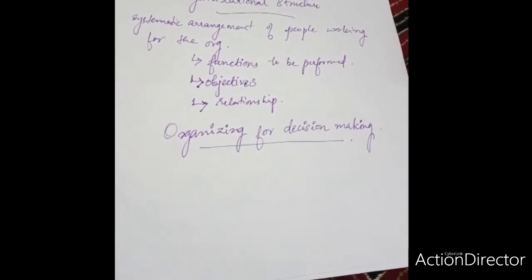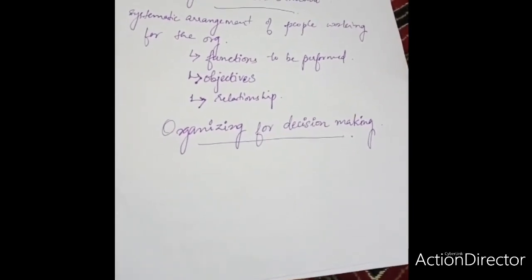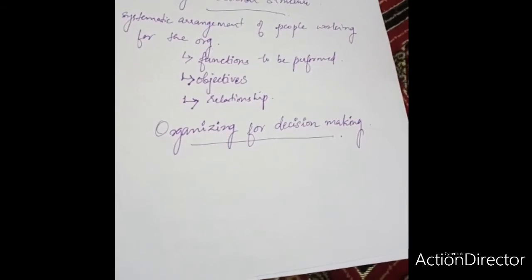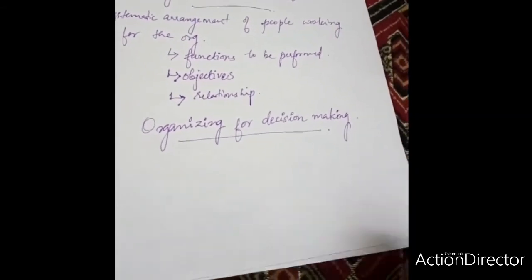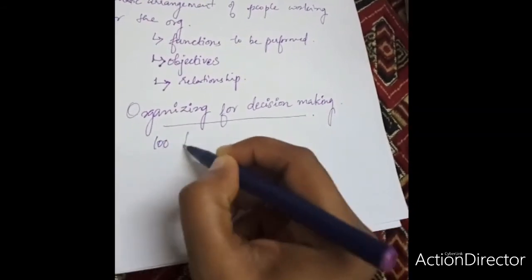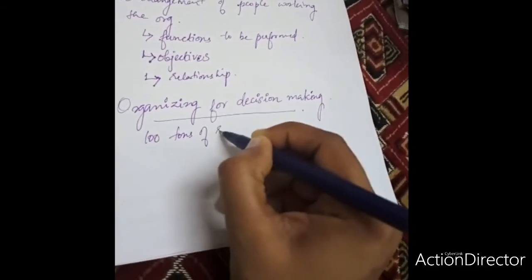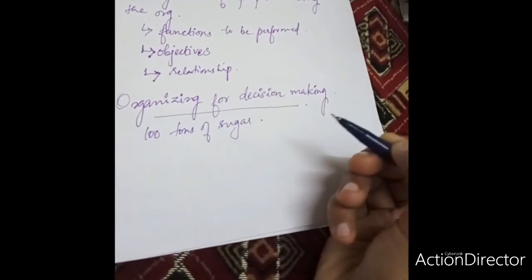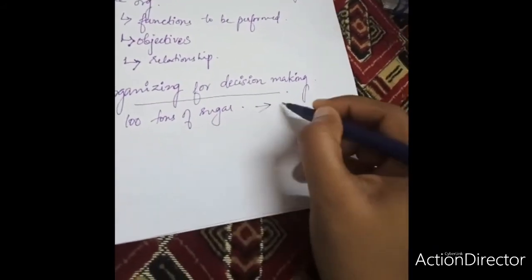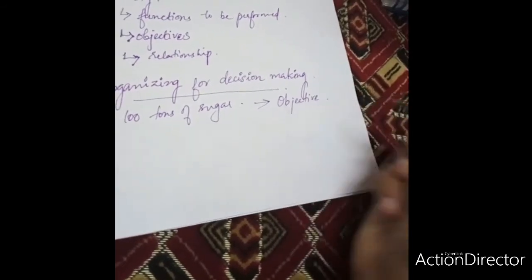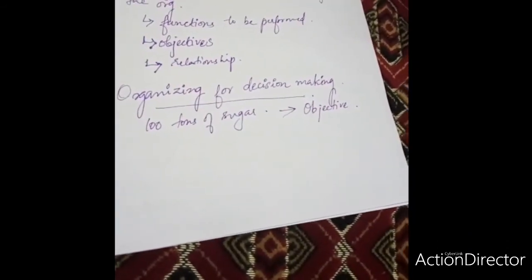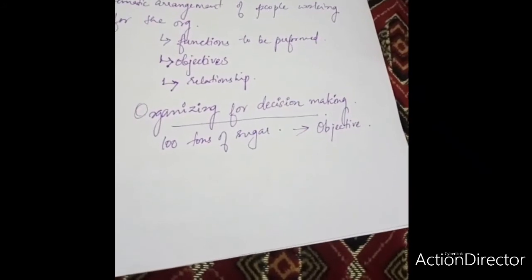The performance of any activity requires different types of work. Suppose, for example, the manager of a sugar mill decides to produce 100 tons of sugar. This is his objective. Now, to achieve this, he has to divide the activities and operations into certain departments.